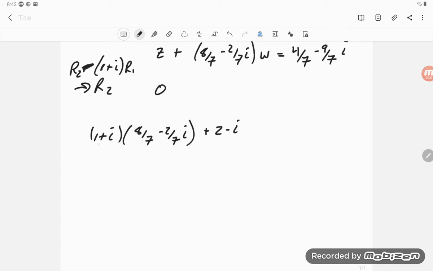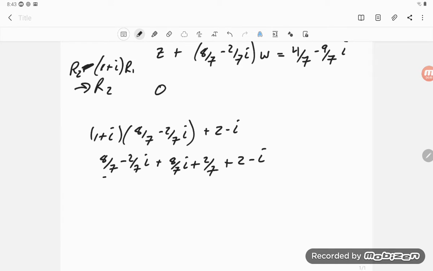Well, 1 through everything, that's just 8/7 minus 2/7 i, and then plus i times everything, that's 8/7 i, and i times i is negative 1, and there's already a negative, so I get plus 2/7, and then plus 2 minus i.